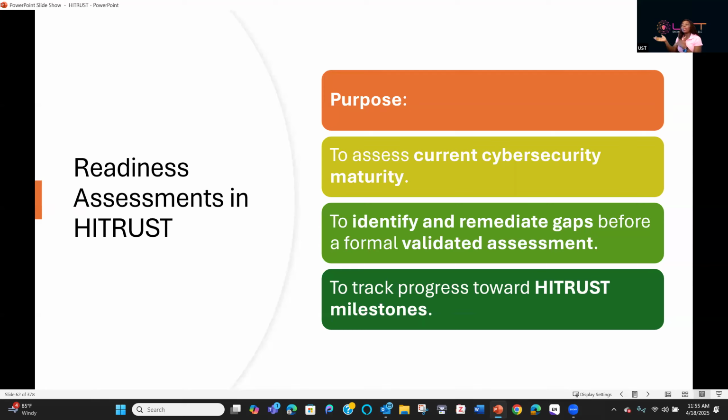Remember, we've already talked on that. Validated assessment, we're going to discuss shortly. Also to track progress towards HITRUST milestones, because you have to go through the readiness. And that's why a lot of our role is a form of managing risks, because by doing that, you make sure your controls are effective and operational, working with different stakeholders, collecting artifacts, and verifying the artifacts to make sure that everything is working.